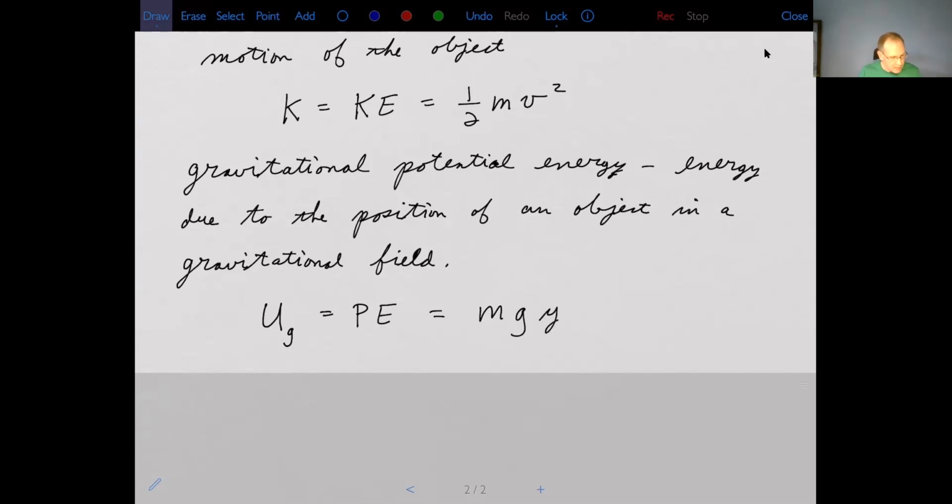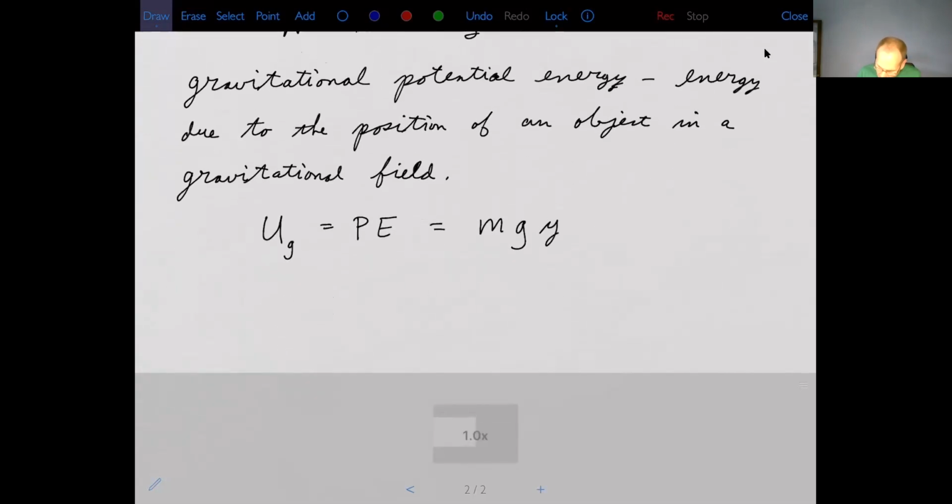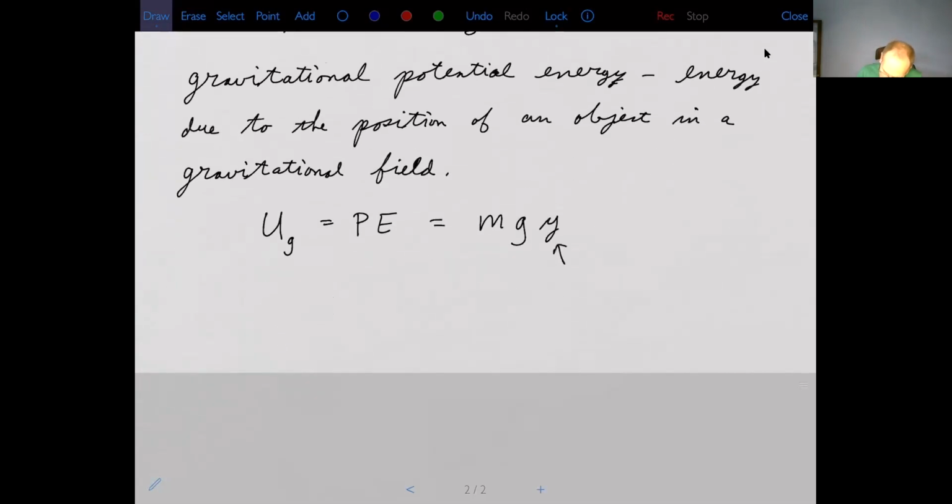Y is the vertical distance above, or it could be below too, but usually say above, some reference point.